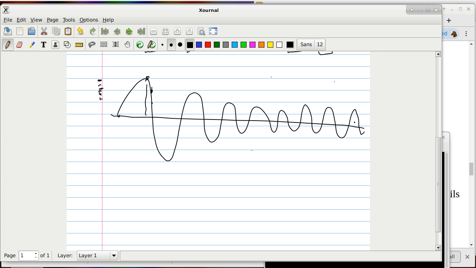So I will just point out which point we are talking about. We are talking about this thing here. That becomes the maximum lower bound of all of the minimum upper bounds. Is that okay?